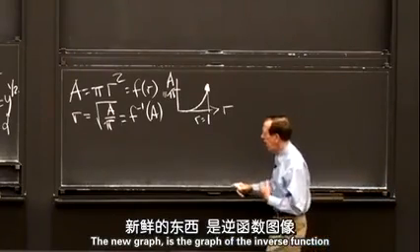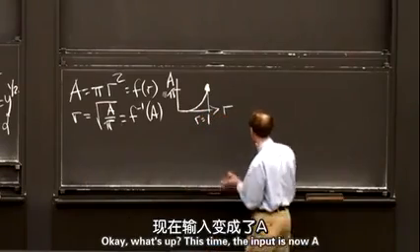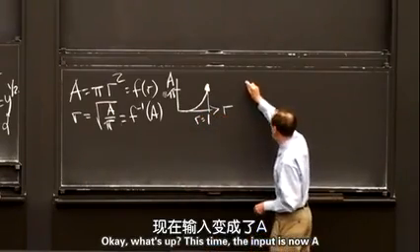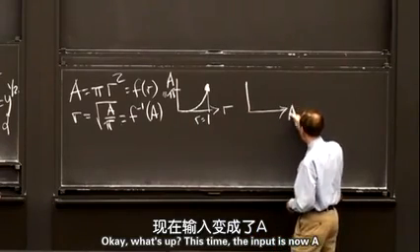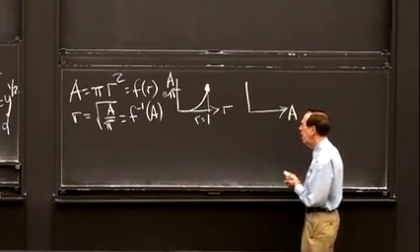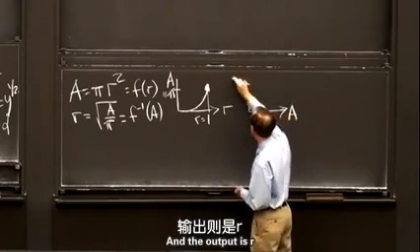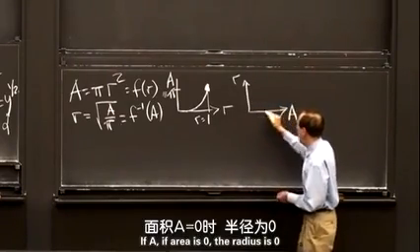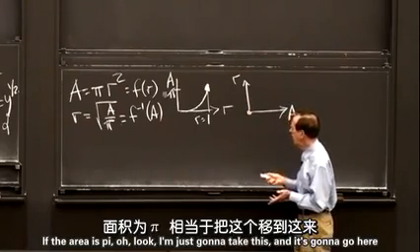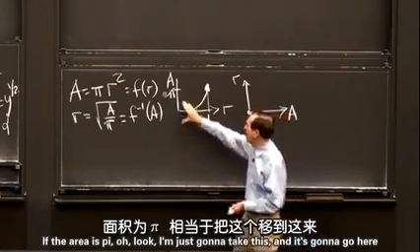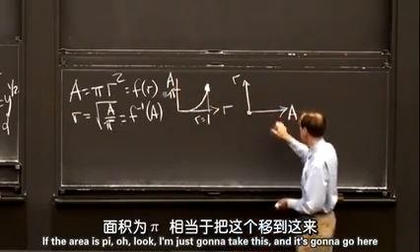The new graph is the graph of the inverse function. This time, the input is now a, and the output is r. If the area is 0, the radius is 0. If the area is pi, I'm just going to take this point, and it's going to go here.